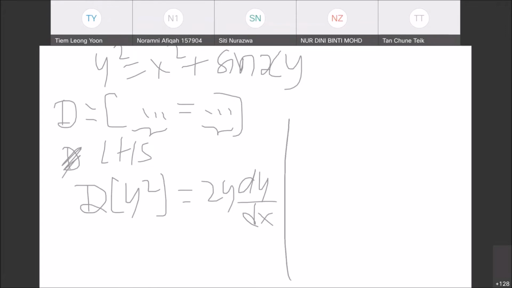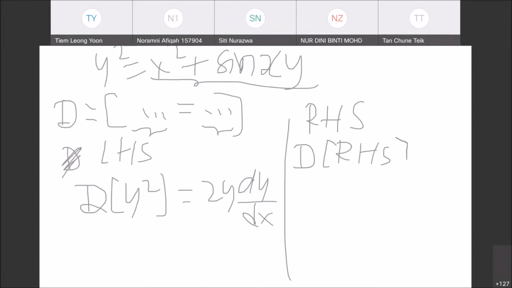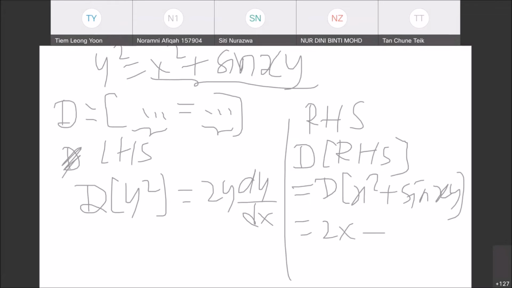Okay. So then I write down the right hand side. When I write down right hand side, I'm telling you that I'm referring to this as the right hand side. Then I'm performing the operation of d onto the right hand side. So the result of taking the derivative on the right hand side is d of x squared plus sine xy. So this is just 2x plus the derivative of sine xy.